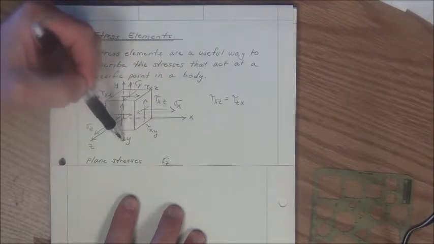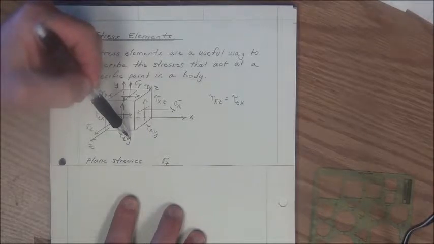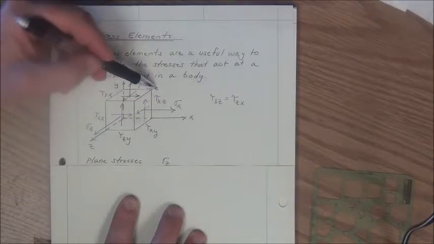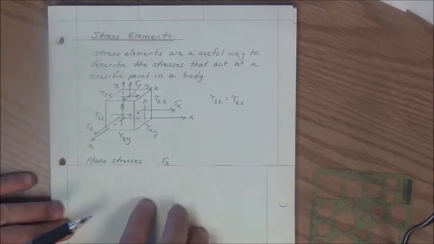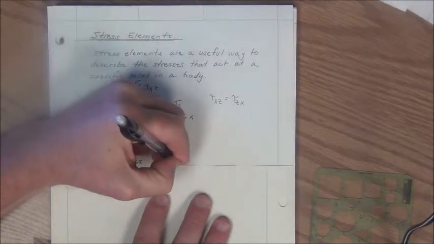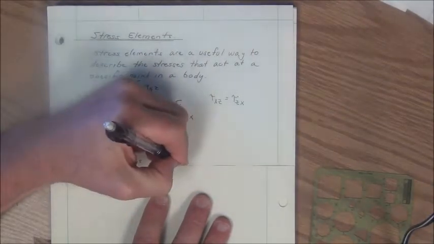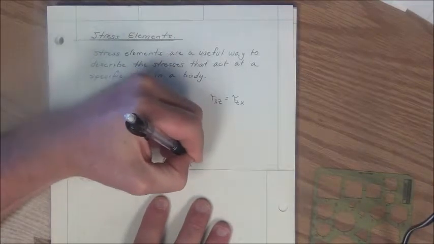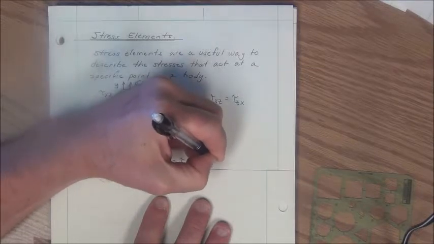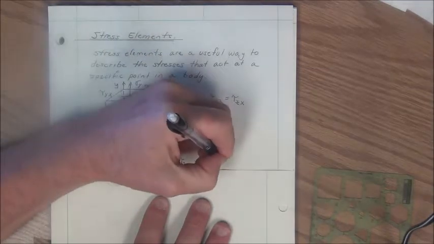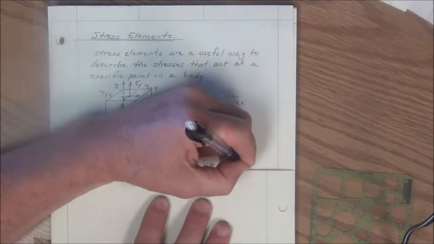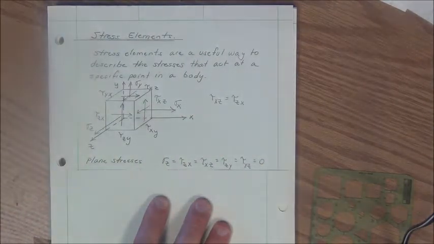And if tau zy equals 0, tau yz also equals 0. So in this case we would have tau zx equals tau xz equals tau zy equals tau yz, and all of those equal 0.